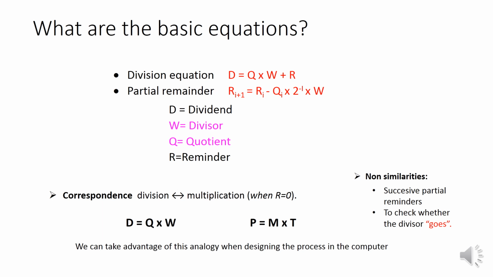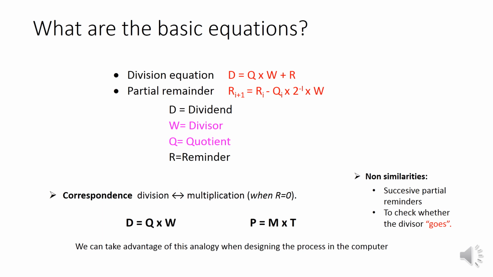The first is that during the process of division, we obtain successive partial remainders. And the second is that one characteristic step of the division process is to check whether the division goes.